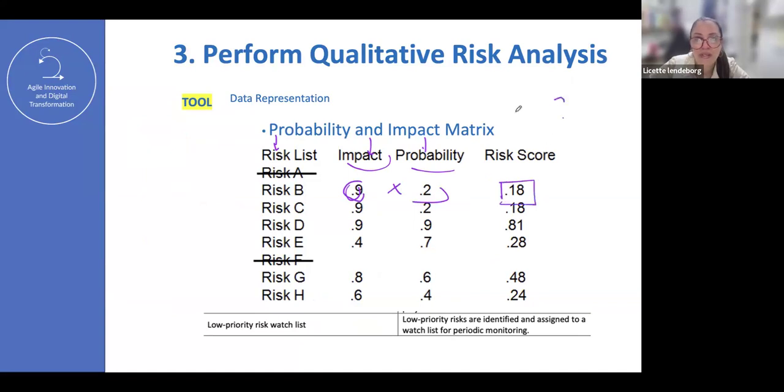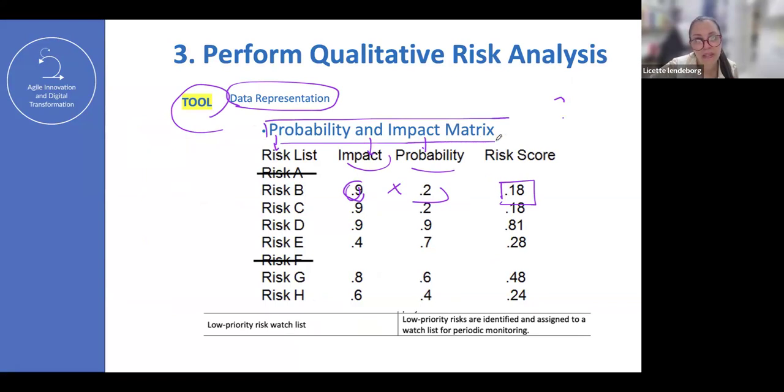What is the name of this matrix? This is a tool called data representation, and the name of this matrix is the probability and impact matrix. We're talking about process number 3, which is perform qualitative risk analysis.